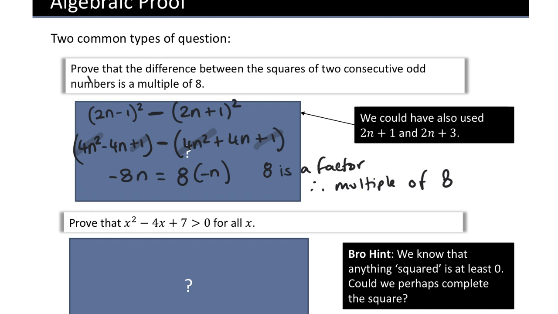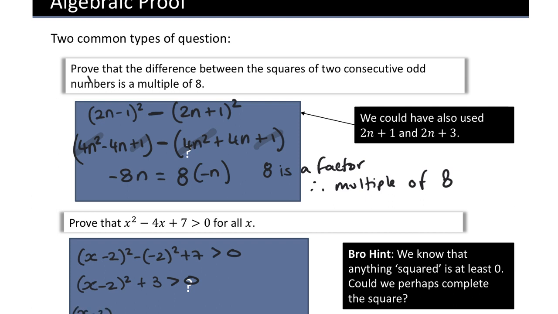Completing the square. Absolutely right. So, we're going to have x minus 2 squared minus 2 squared plus 7 is greater than 0. This is x minus 2 squared minus 4 plus 7 is plus 3 is greater than 0. Now what we have to do is we have to write a sentence. Okay.